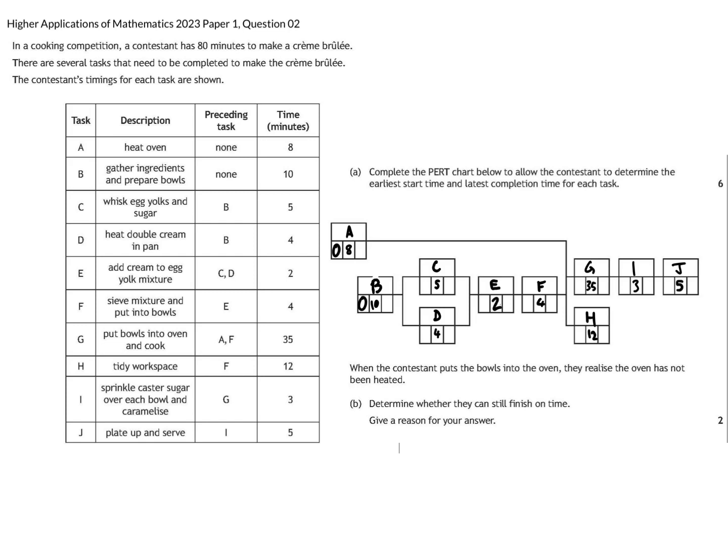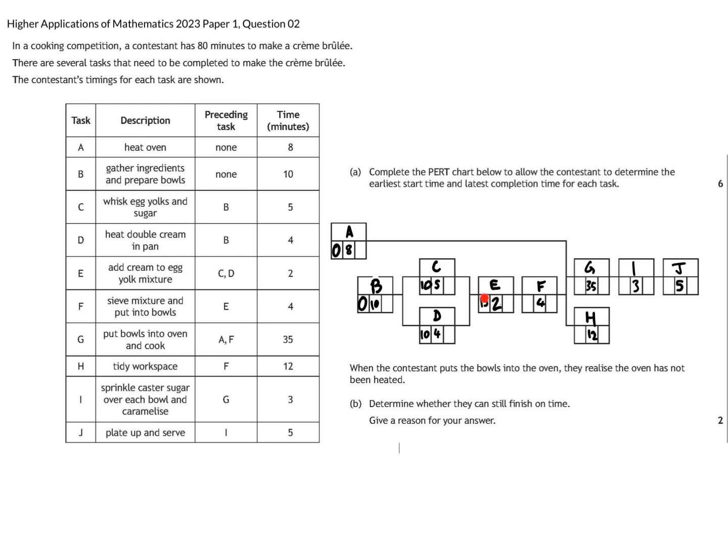It requires 10 minutes, so that means the earliest starting time possible for C and D are 10. Now, C requires 5 minutes to be completed, D requires 4 minutes to be completed, so this gives us 2 values here. The earliest we can start task E is at 15.